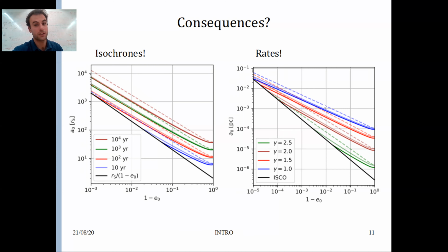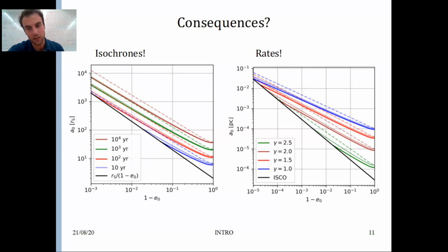And here the dashed lines are computed with the old Peters formula and the solid lines with the corrected versions.